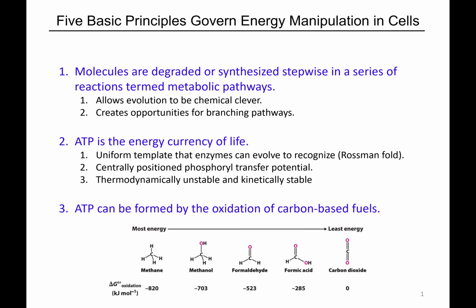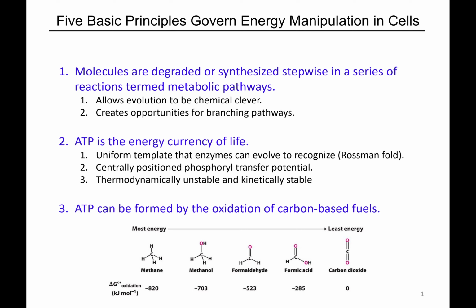The second big point was that ATP is the central energy currency of all living organisms, okay? And there were 3 important points that popped out here. One is that it creates a uniform template that enzymes can use to recognize one central molecule, right? So instead of having like 15 different molecules that are all used by enzymes to provide energy for chemical reactions, in which case enzymes have to be able to recognize one or more of those, in this case, since every single enzyme basically uses the same template, we have this scaffold that's always able to recognize that single central molecule.